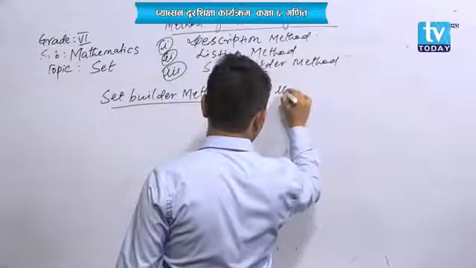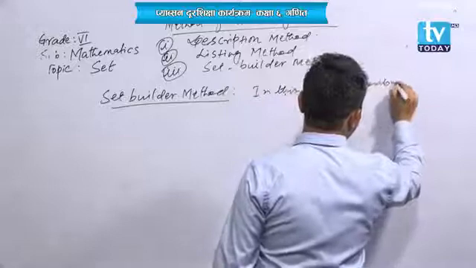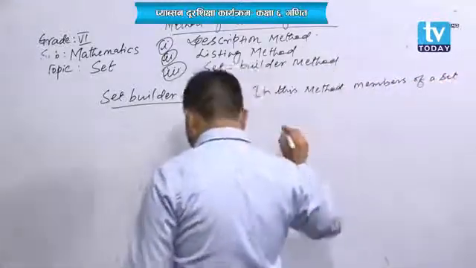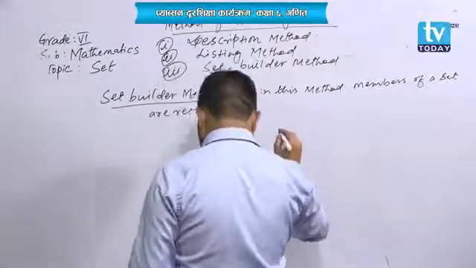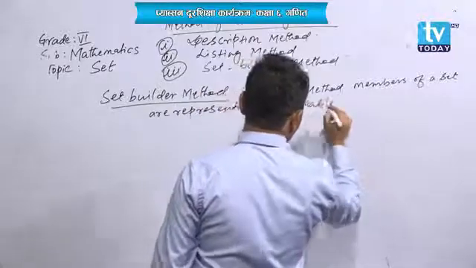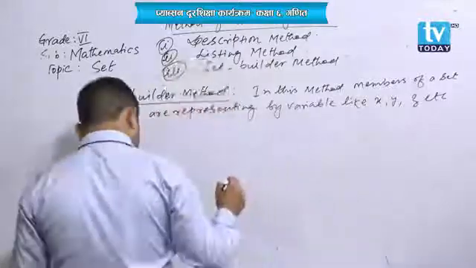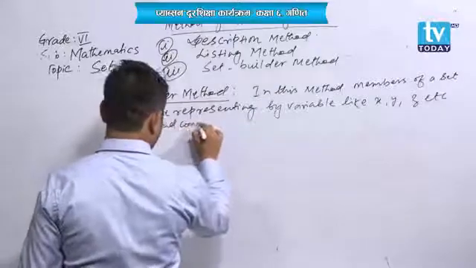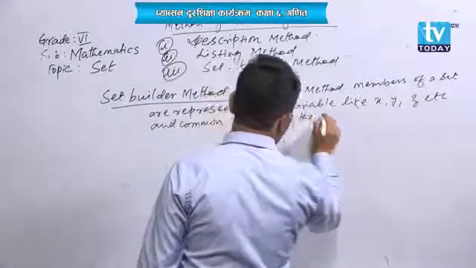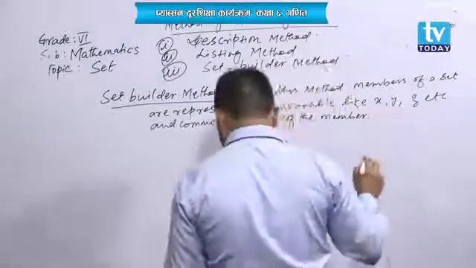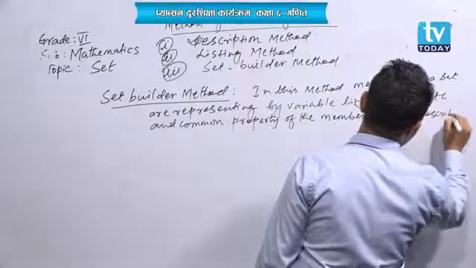In this method, members of a set are represented by a variable like x, y, z, etc., and the common property of the members of the set is described.